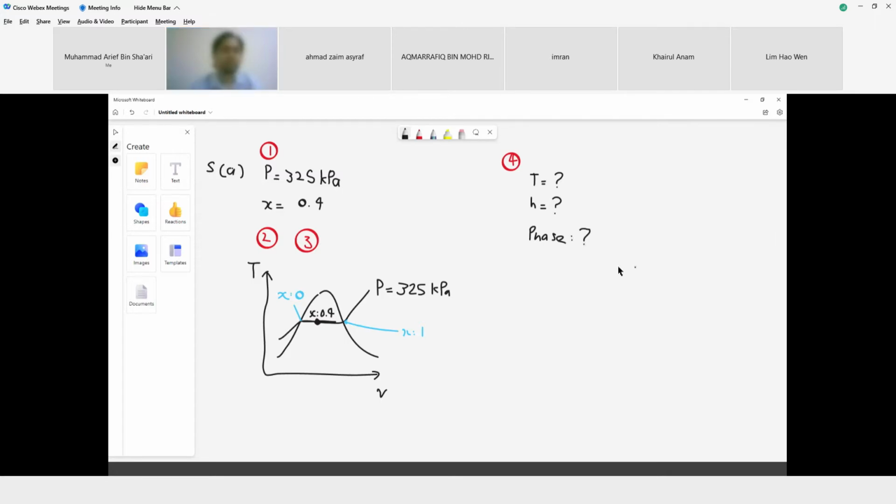So look back at our diagram, then we can get the answer.